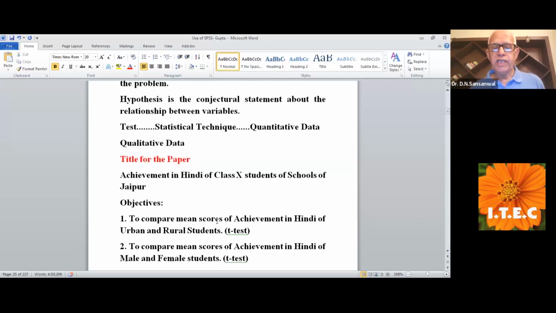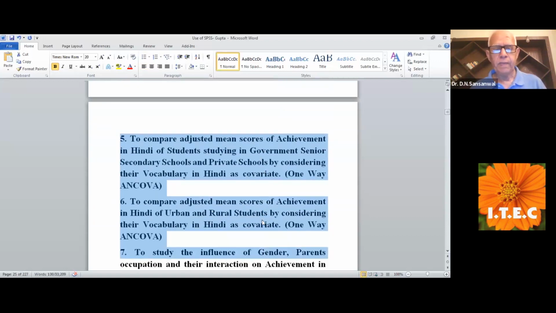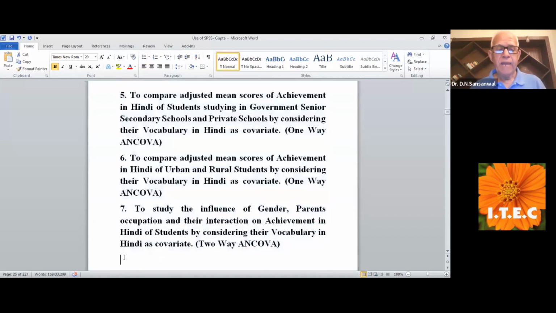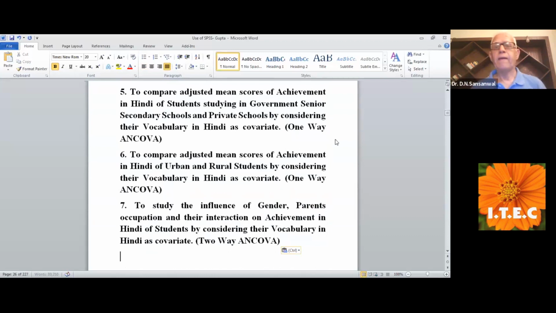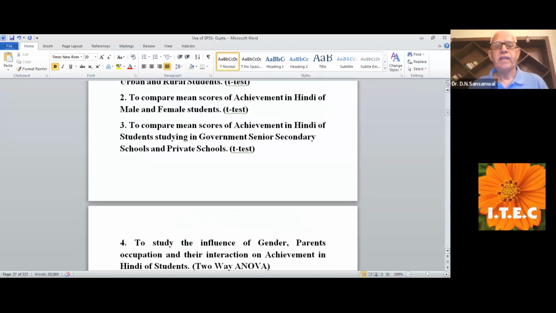Because here it is the achievement in math in Hindi, so you will have the quantitative data, so you can formulate hypothesis. I am formulating hypothesis in the null form. So how will I change these objectives?